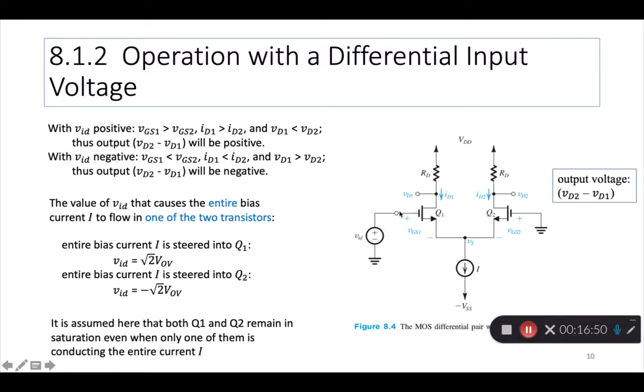Another way of doing it is, of course, to apply it to both inputs, that means both gates, but not equally, right? If you do it equally, then it's common mode. But if you put more into one and less into the other, then there's a difference between the two.